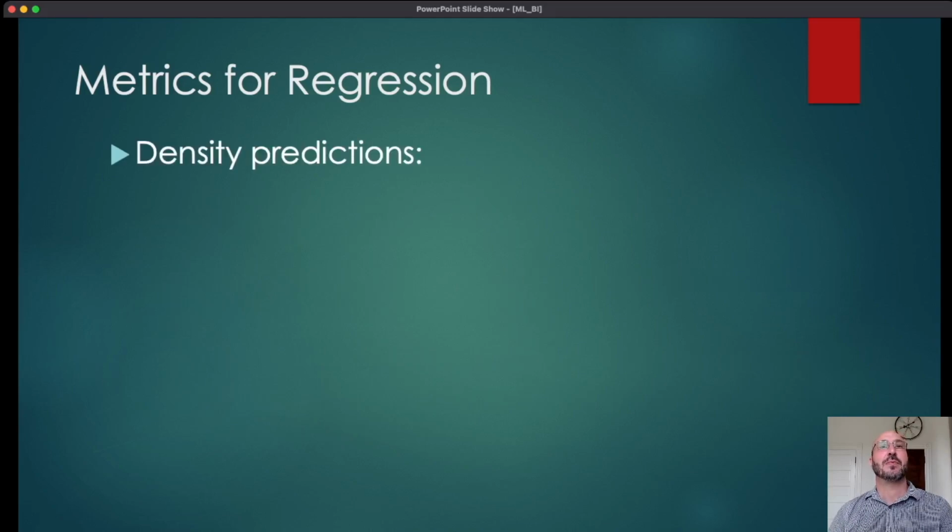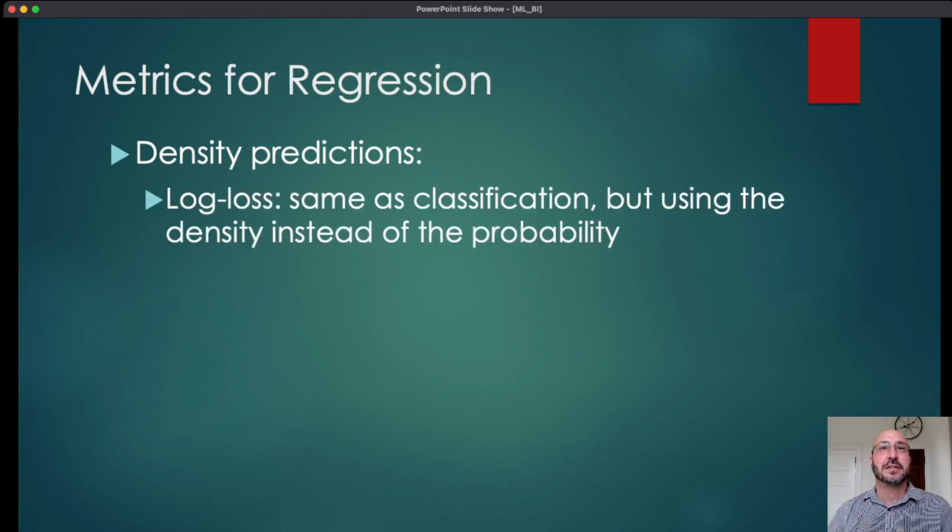Finally, let's talk about when we make these density predictions that come out of probabilistic regression. So here, the standard metric is again the log loss, just like in the classification problem. But in this case, we'll use the density value instead of the probability.